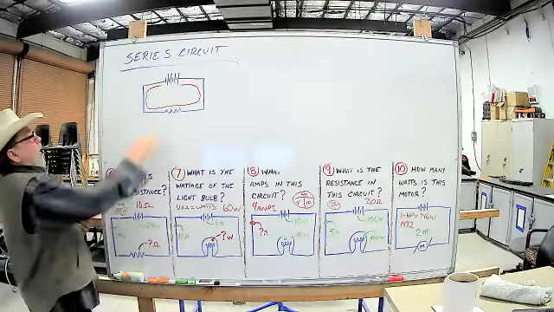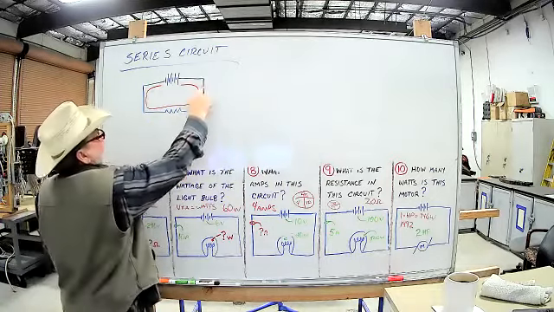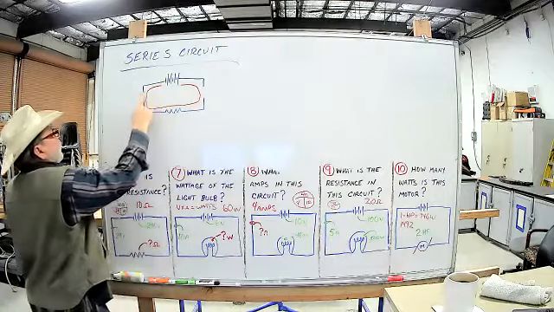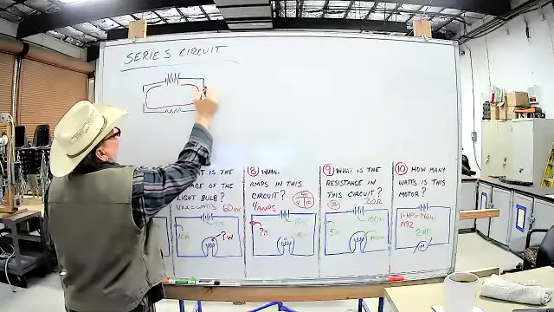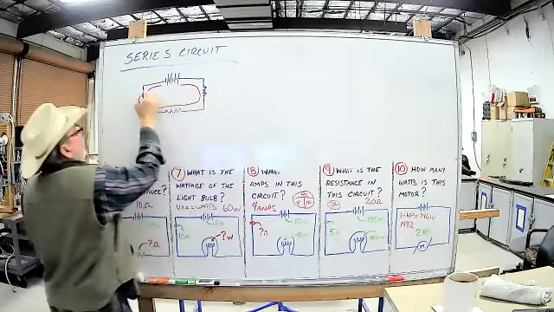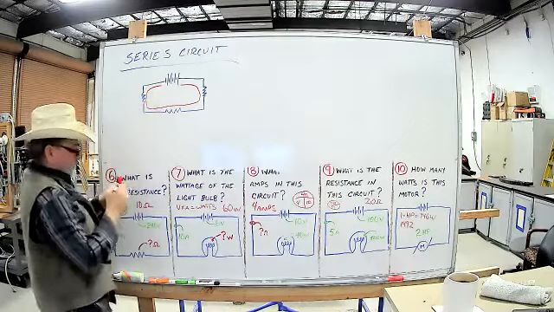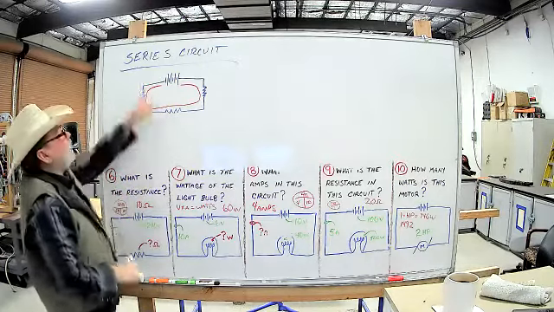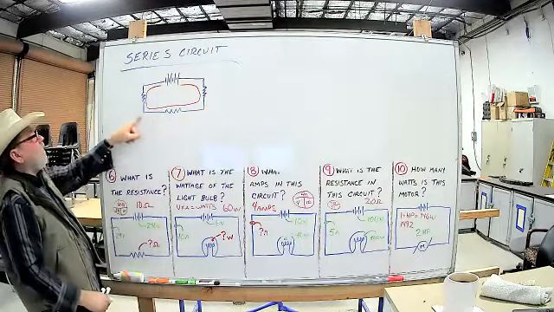Now, right now, you just have one resistor, but let's put some more resistors in here so you can understand that this is a series circuit because these resistors are all in series with each other.